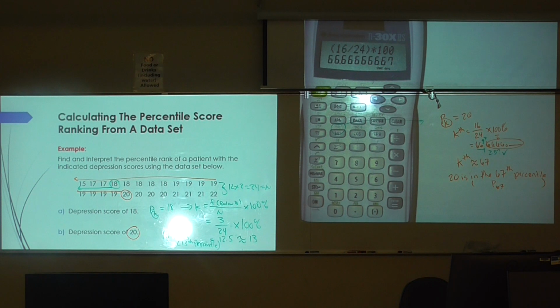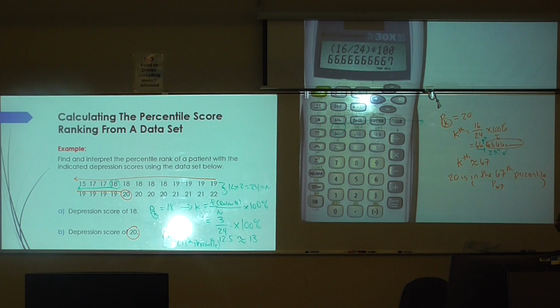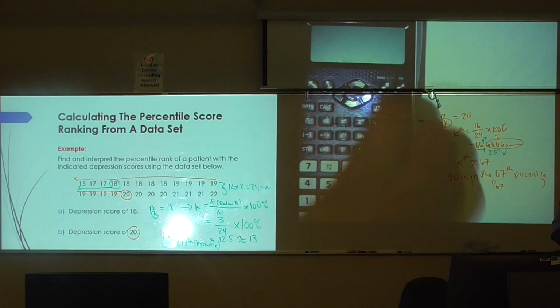So I could go ahead and convert it over. For those of you who may have the other calculator, I can show that too.